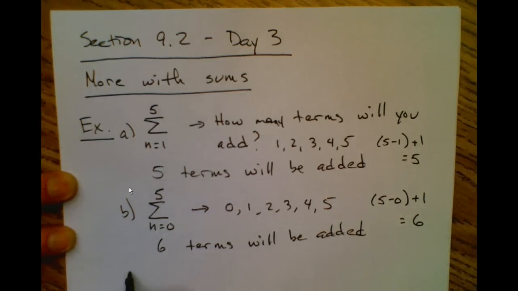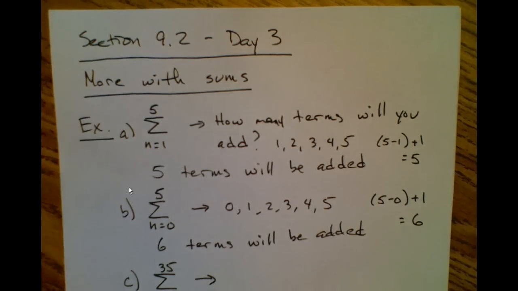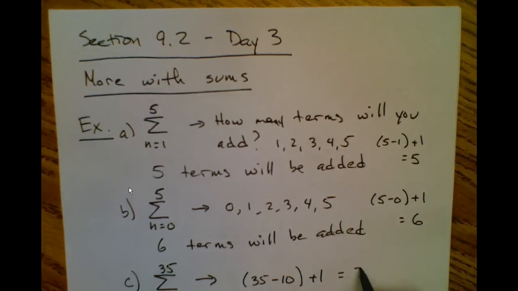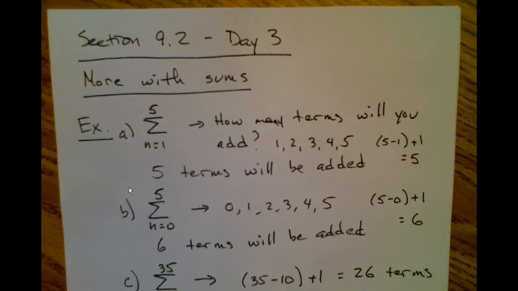So let's take a look at one more example and let's apply this pattern that we just found. Let's say I have the sum as n goes from 10 to 35. Alright, and we want to figure out how many terms. Now, I'm not going to list out the numbers from 10 to 35 and add those up again, but I know that if I subtract these, 35 minus 10, that's going to give me one less term than I actually have, so I'm going to add 1 back to give me 26 terms that I'll be adding up.